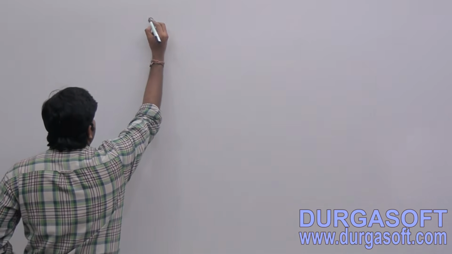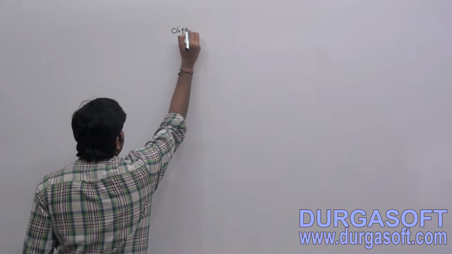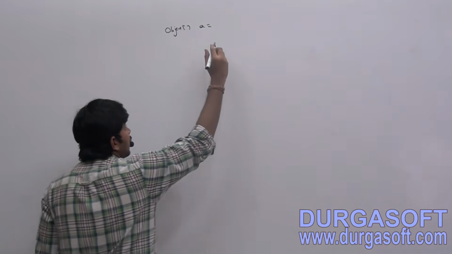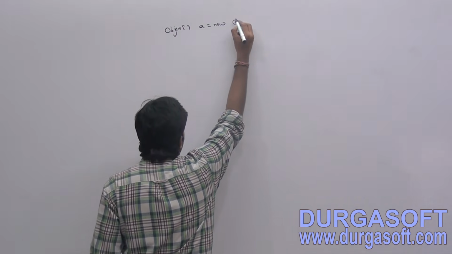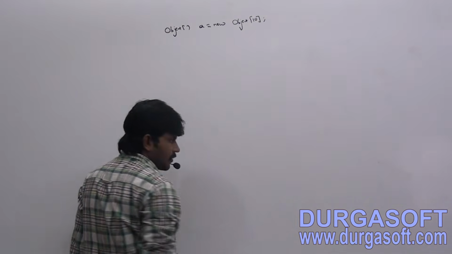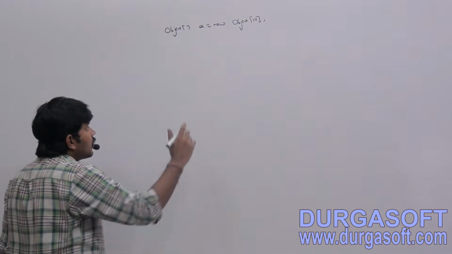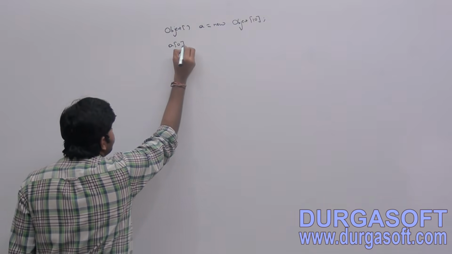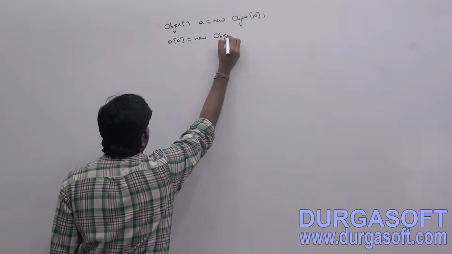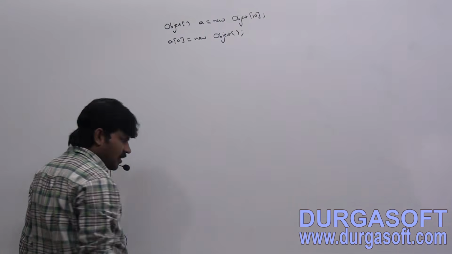I am taking one object array: Object[] a = new Object[10]. Now a[0] = new Object(). Is it valid or not?